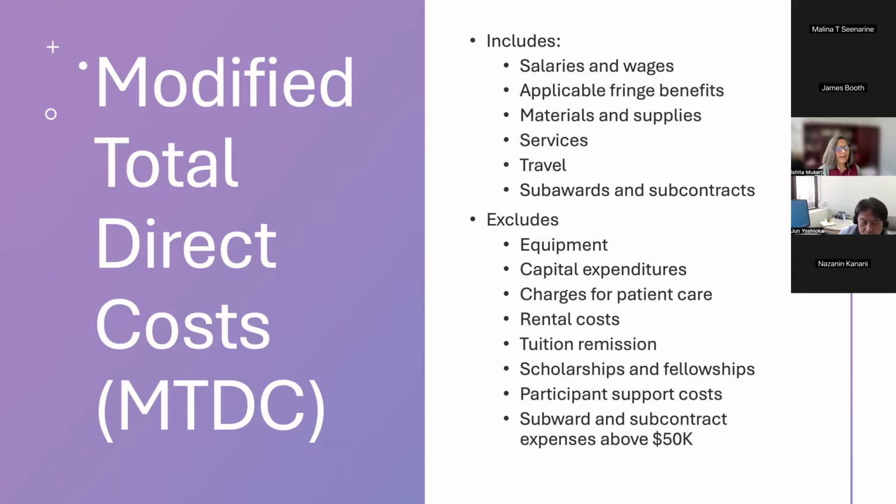And again, for the NSF anyway, subaward and subcontract expenses above 50,000 are excluded from consideration for indirect cost calculation.